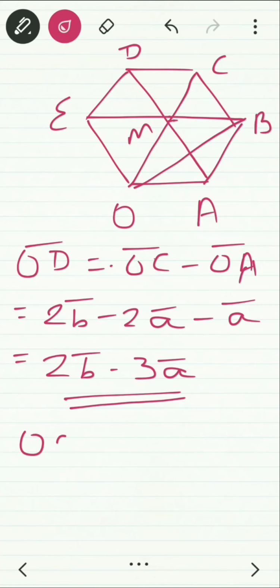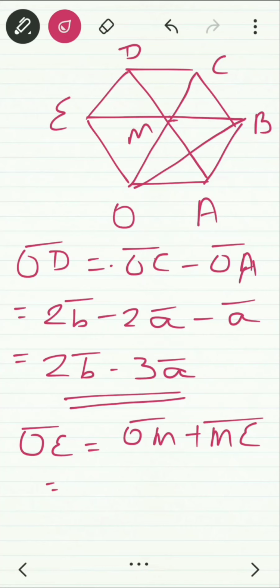Moving on, we get OE. Again by triangle law, OE bar is equal to OM plus ME. You can observe the figure and get it. Now OM is nothing but B minus A minus EM. ME can be written as minus EM bar. Now again, when you observe the figure, EM is equal to OA because OAME form a parallelogram over here.